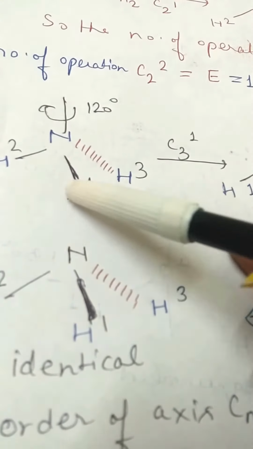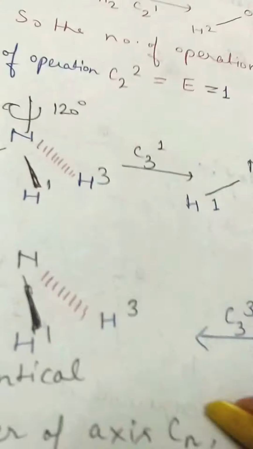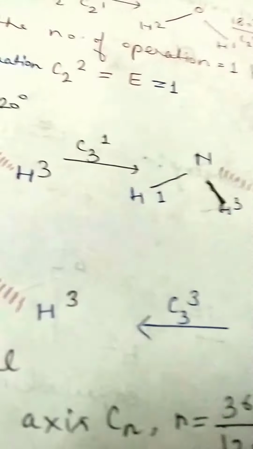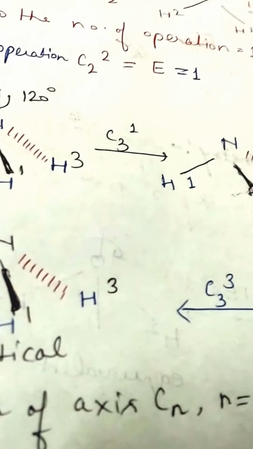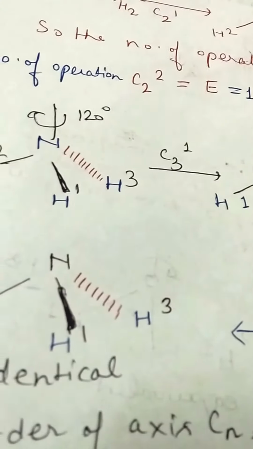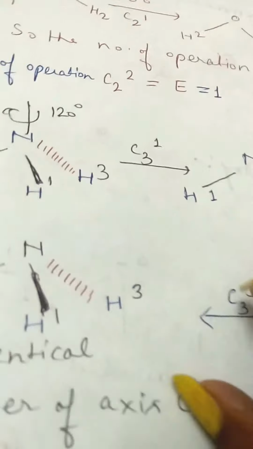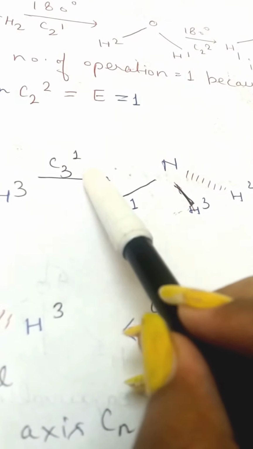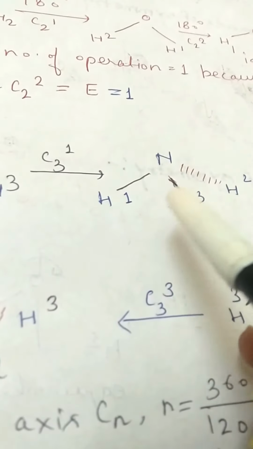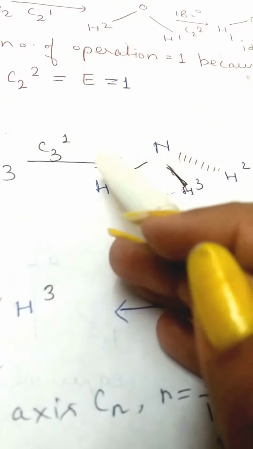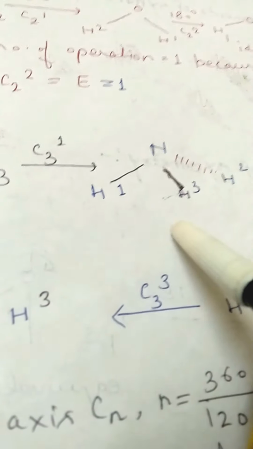Okay. So here you can see that hydrogen 2 has gone to the place of hydrogen 3. Hydrogen 3 has gone to the place of hydrogen 1, and hydrogen 1 has gone to the place of hydrogen 2. So we have performed one operation here. Okay. This is an equivalent structure. We cannot say this is an identical structure.